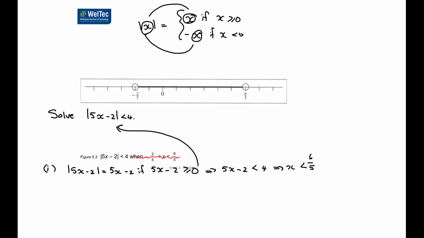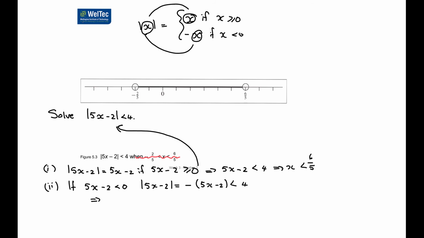And if we look at part 2, if the bit is negative, then what we've got now is that the absolute value of 5x minus 2 is equal to the opposite of 5x minus 2. Remember, we tried to solve for where that is less than 4.